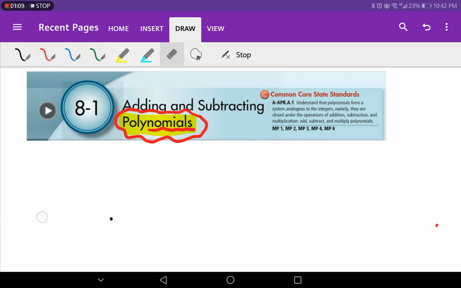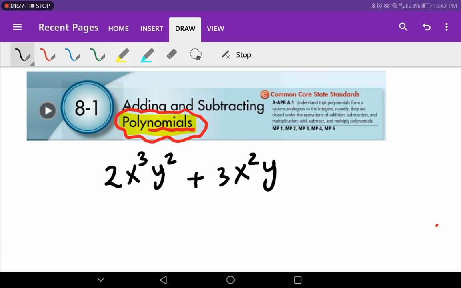Let me give you an example. For example, if you have 2x^3y^2 + 3x^2y^1 + 5, like this, you call it a polynomial.